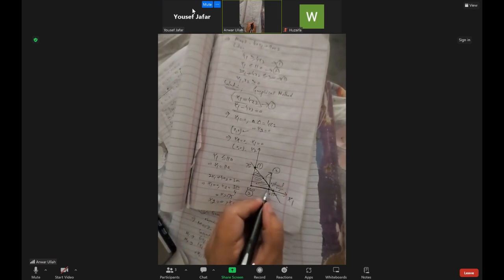This one is the first point. Origin, this is the second point. This, the optimal region, this is the third point. And this one is the fourth point. We can get the coordinates of it and plug it into the objective function, and we can have the optimal profit for this company.